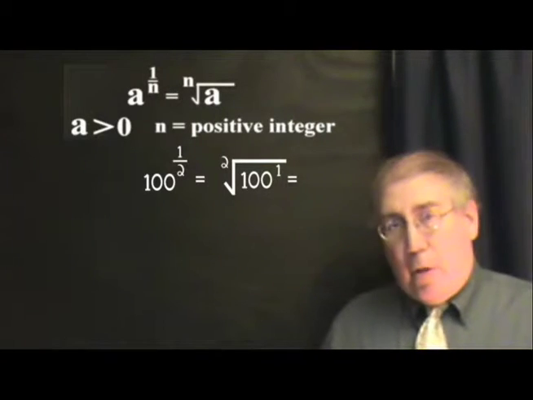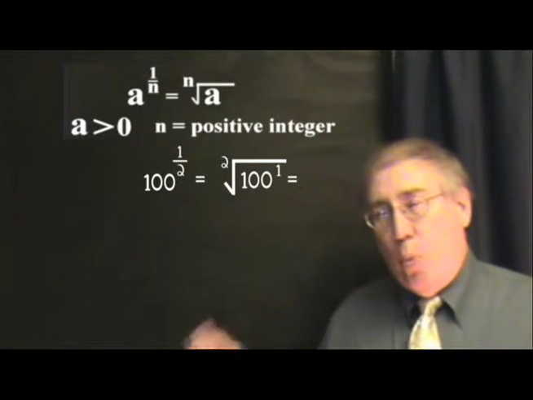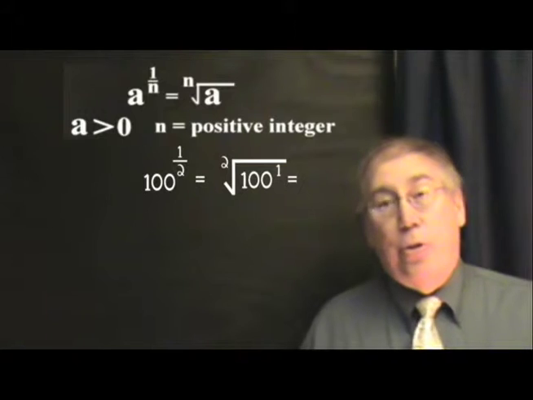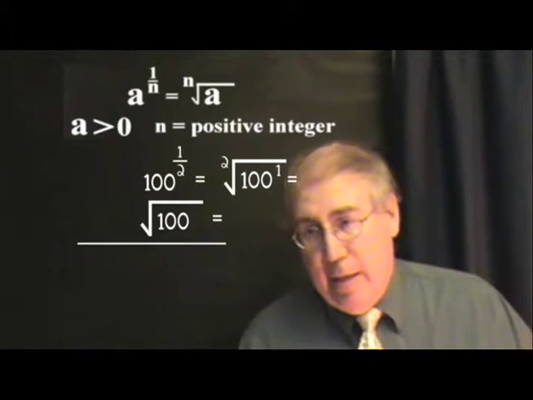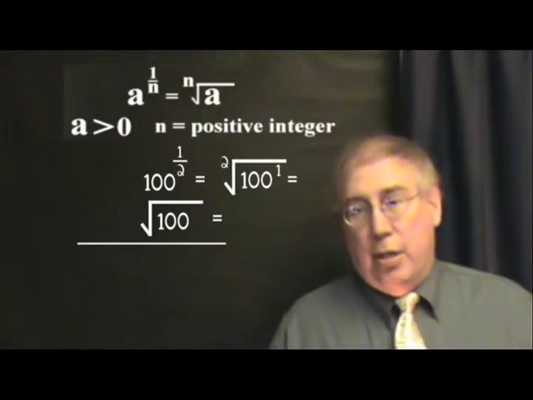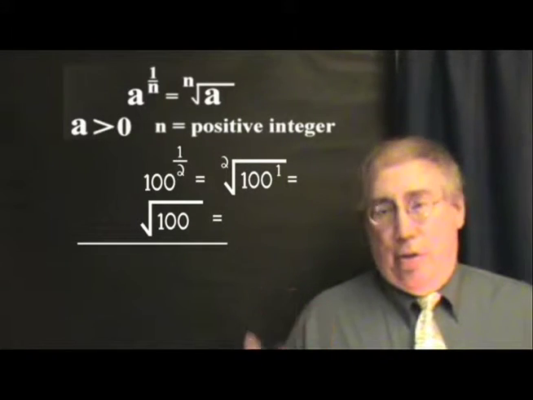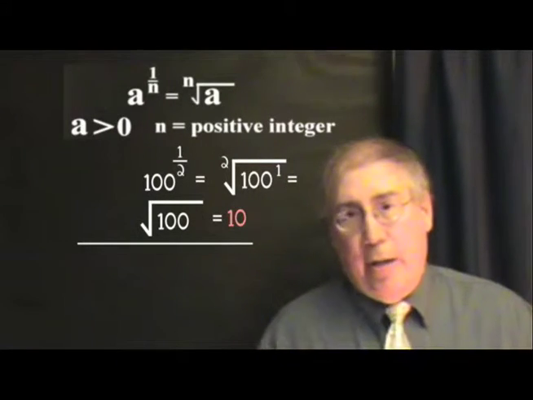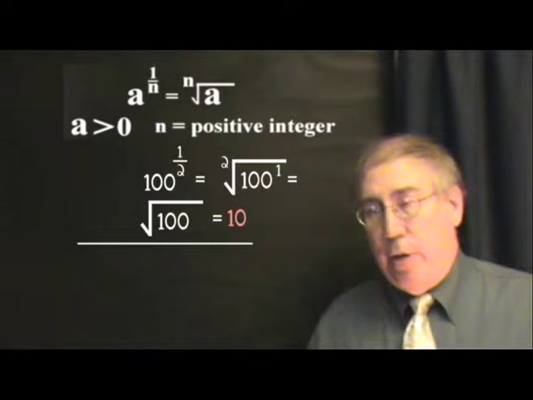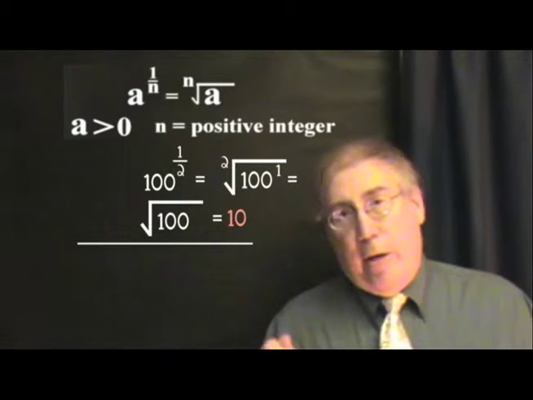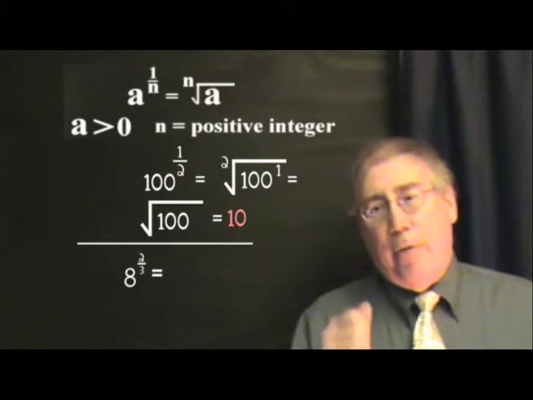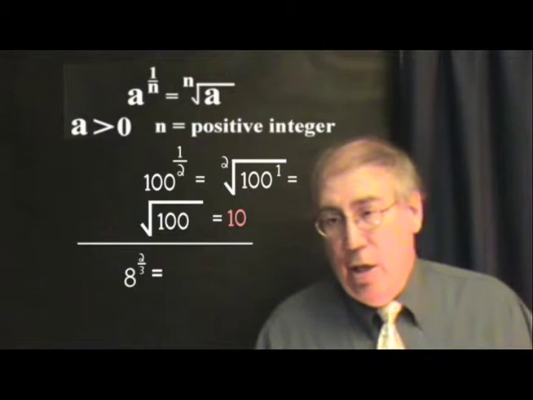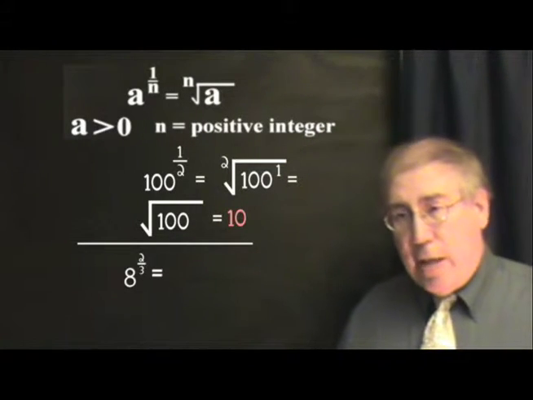Now, what we can do is put the 1 with the 100 and the 2 with the radical sign. But by convention, we can just say the square root of 100 and forget about the 2 out front there. And the square root of 100 is asking what number times itself equals 100. It's 10.